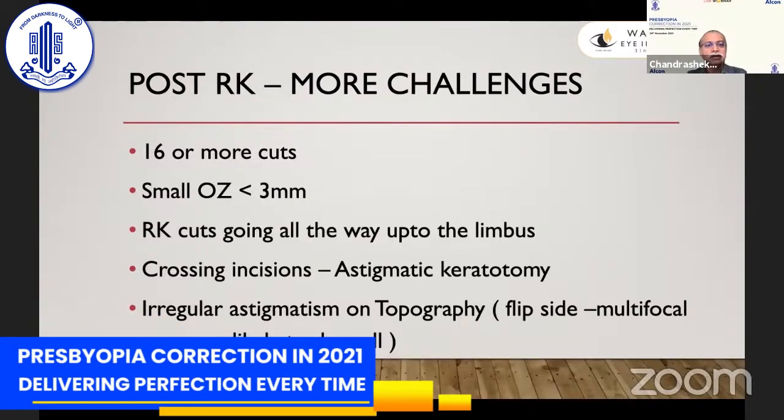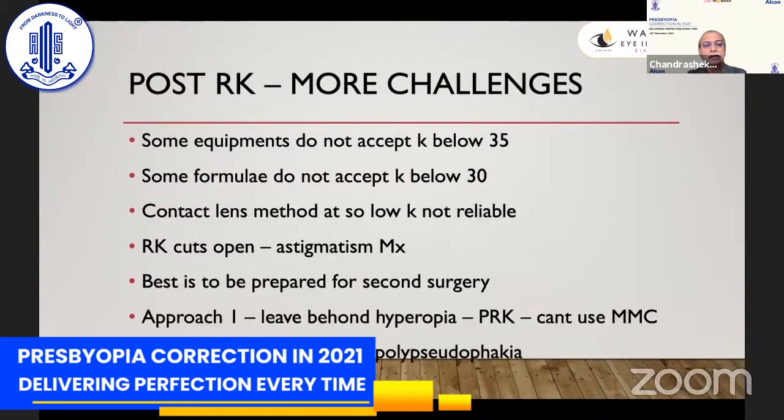These risk factors are when the patient has 16 or more cuts, an optical zone of less than 3 millimeters, RK cuts going all the way up to the limbus, astigmatic keratotomy crossing of incisions, irregular astigmatism on the central part of the topography, and unstable tear film, which is almost always the case. I already explained that some equipment does not accept low K readings, and therefore we have to be very well prepared for the second surgery.